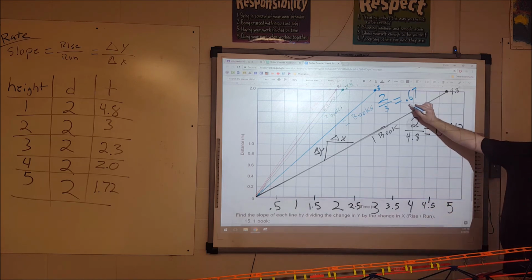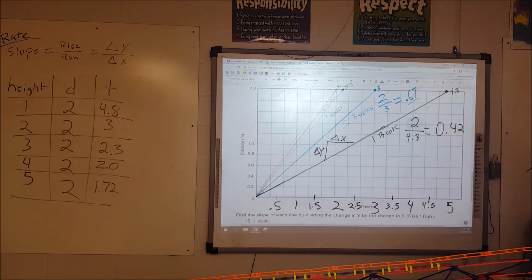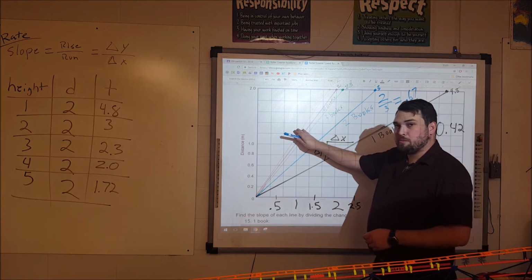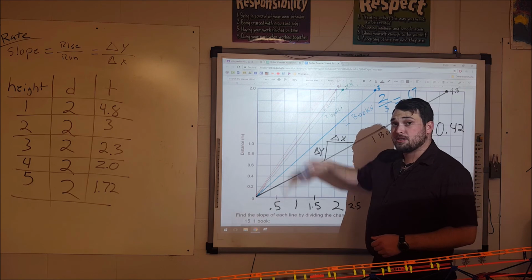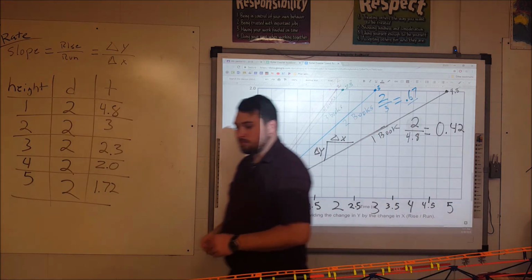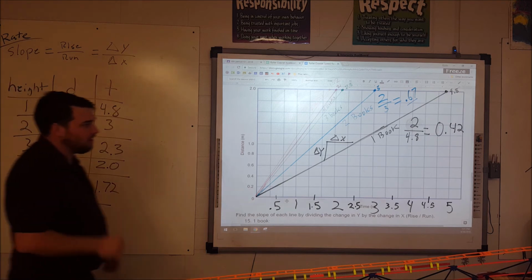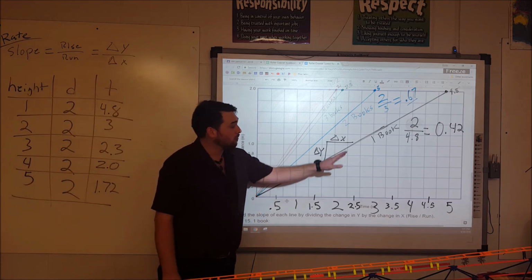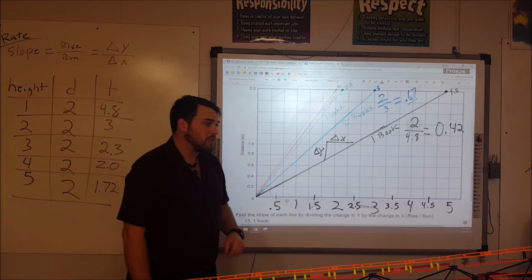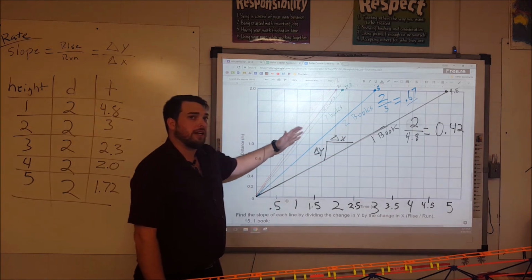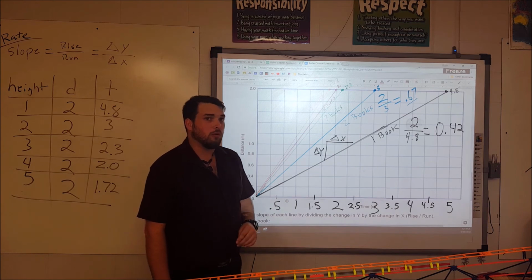Okay, that's a larger number than 0.42. If you do this for all of them, the steepest slope, the highest number, is going to be 5 books. Using what we figured out based on our experimental data, you'll see that the slope of the line is directly related to how fast the car was going.